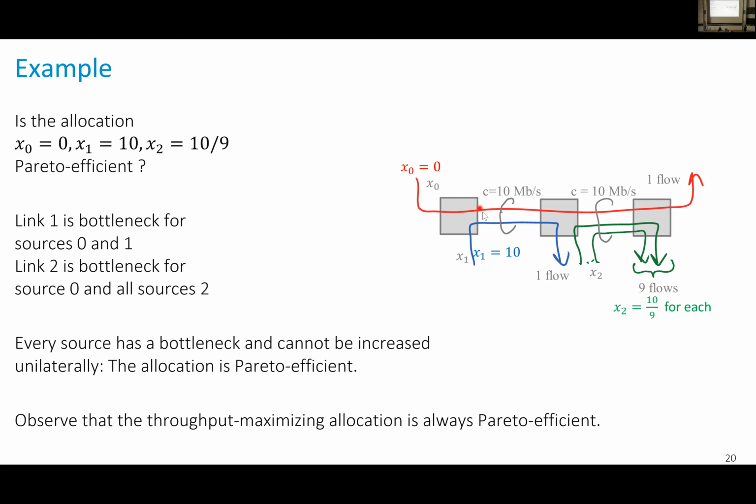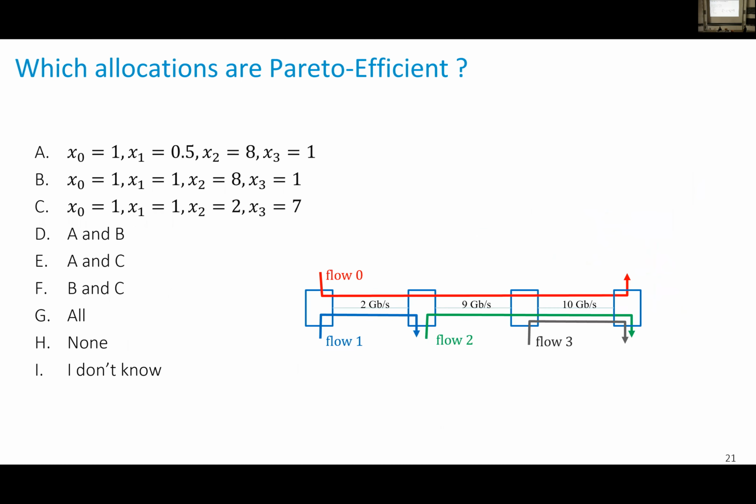And similarly, for the green flows, it's a bottleneck here. So I cannot increase any of the sources. So it's obviously Pareto efficient. None of the sources can be increased unilaterally. So that's Pareto efficient.